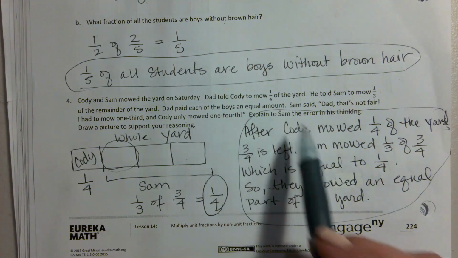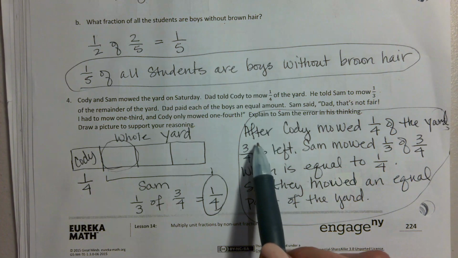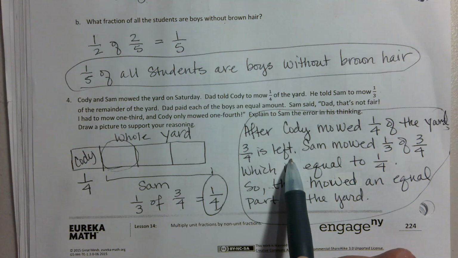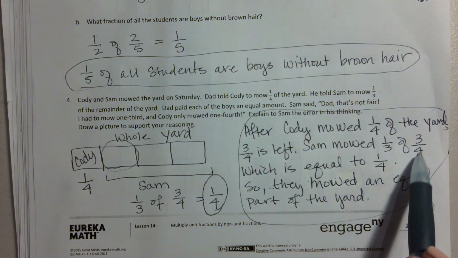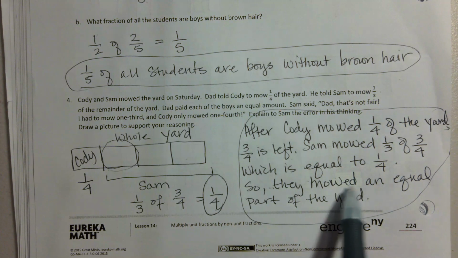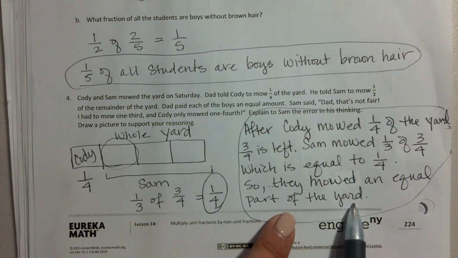It says to explain, and when it says explain, you have to use words. So after Cody mowed 1/4 of the yard, 3/4 is left. Sam mowed 1/3 of 3/4, which is equal to 1/4. So they mowed an equal part of the yard. That's the actual answer.